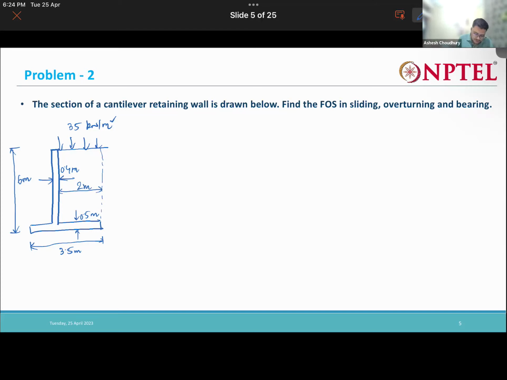Correct. And also the soil properties are given. My c dash is 0. My phi is 41 degrees. Gamma is 16 kilonewton per meter cube. Okay. So these values are given.